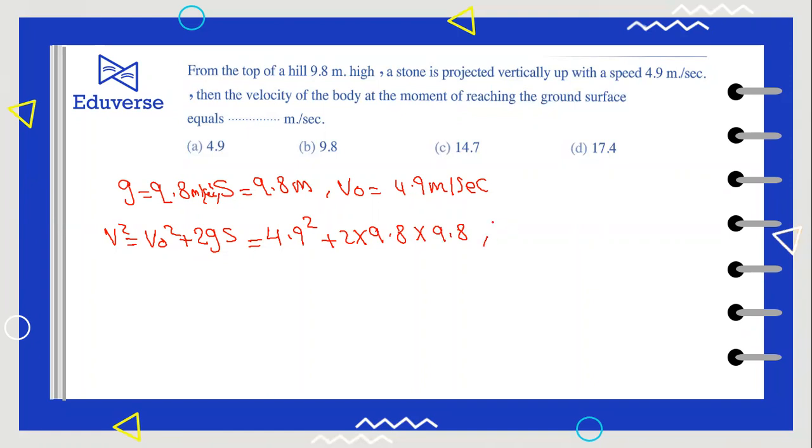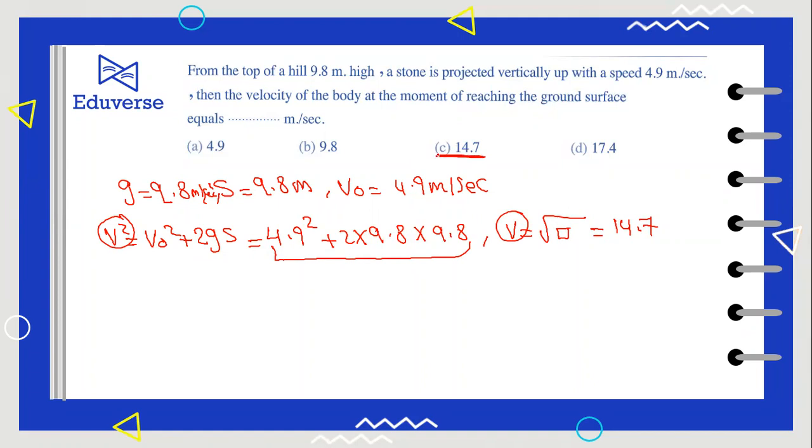Okay, and then I want to find V. It's the root of the value I have. It will be 14.7. This expression refers to V squared, but I want V, not V squared. Then take the root of the answer. It will be 14.7 meters per second.